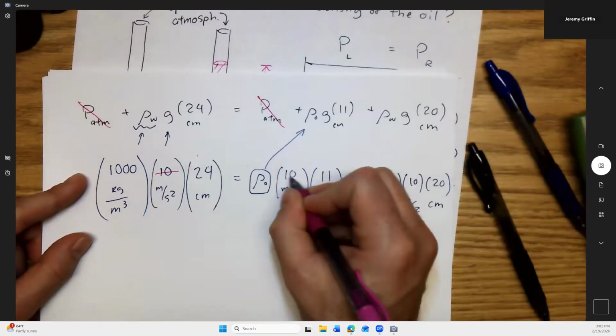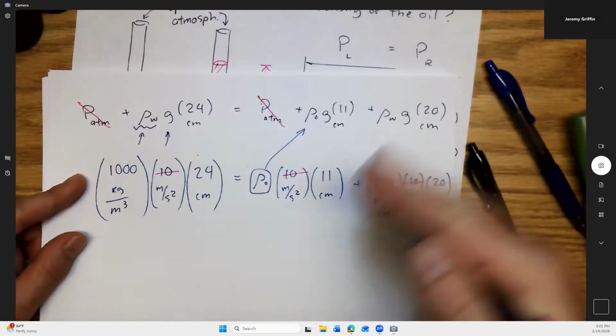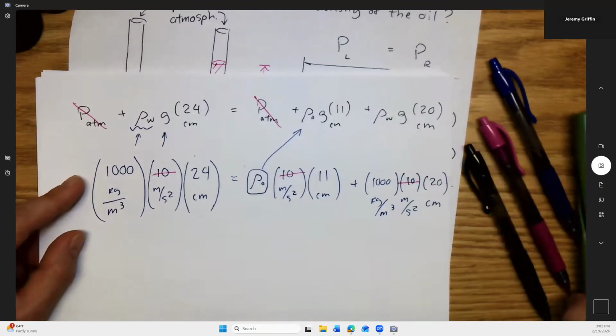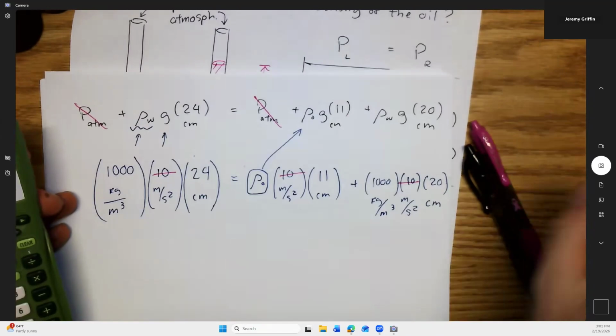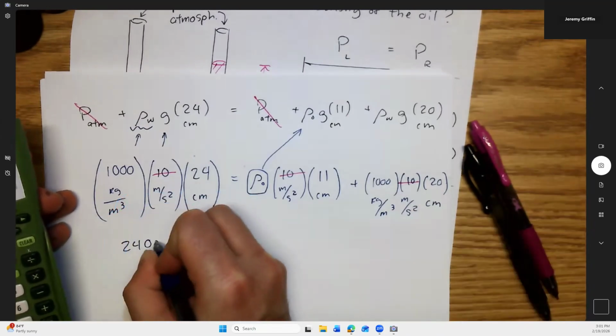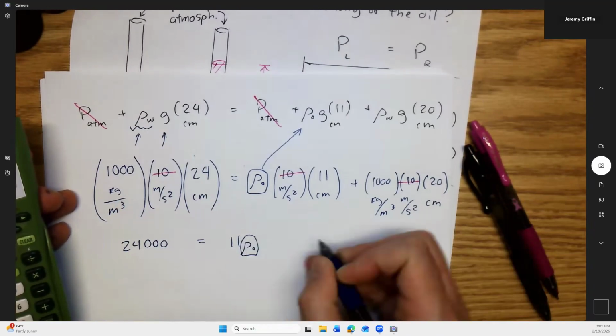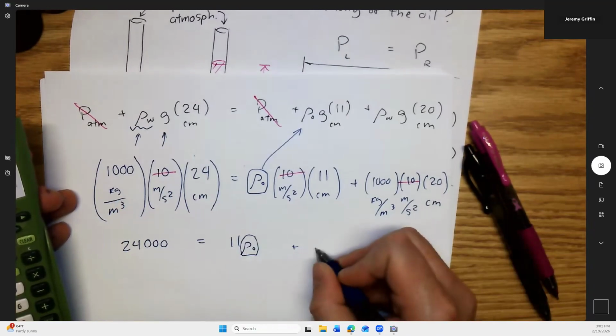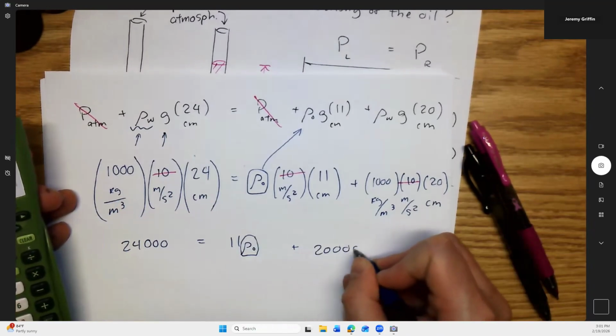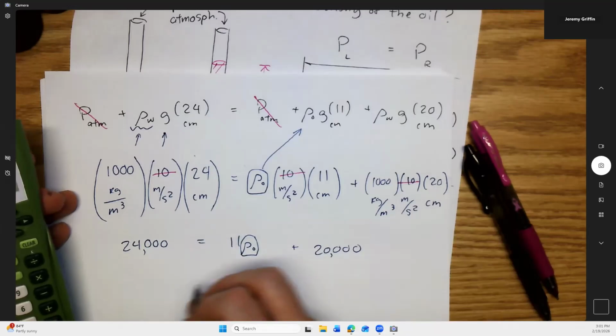There's a few different ways to algebraically finish this out. Maybe I'll just do this. So 24,000 units equals 11. Or not, I'm going to drop my units for a little bit. 20,000.